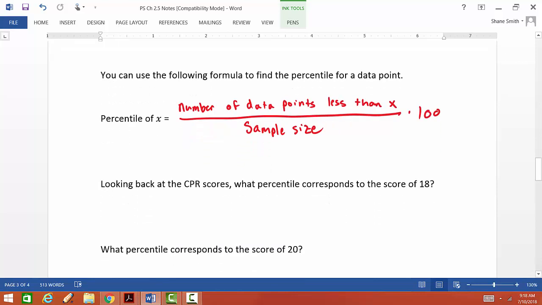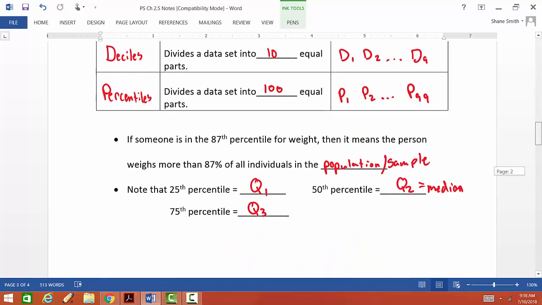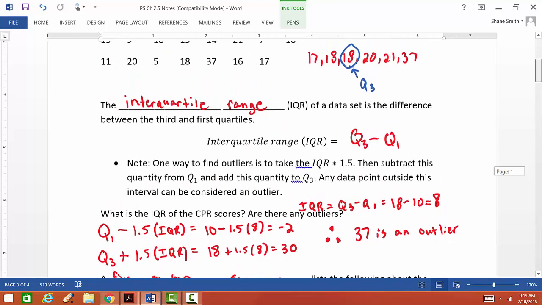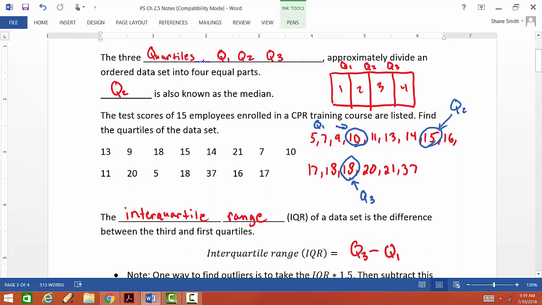So let's look back at the CPR scores that we were talking about, and let's ask ourselves what percentile corresponds to a score of 18. How many data points are less than 18? Now remember, is 18 less than 18?